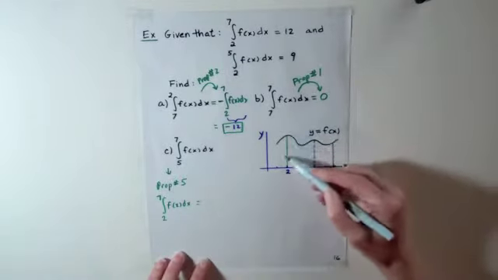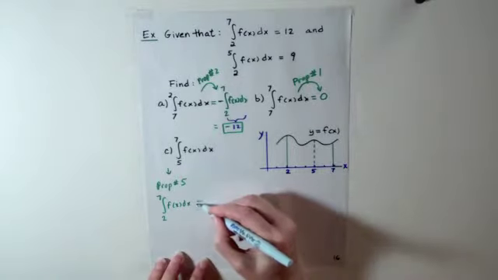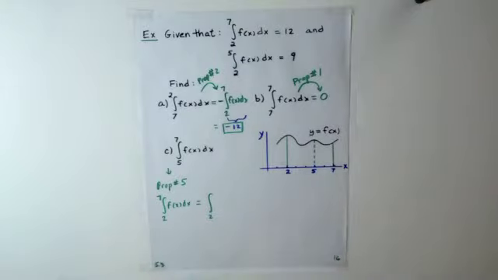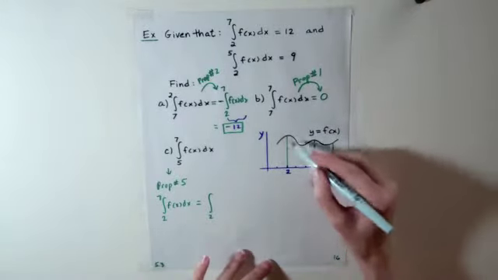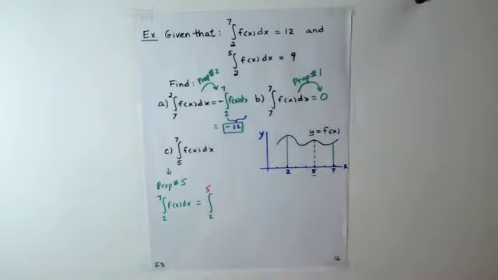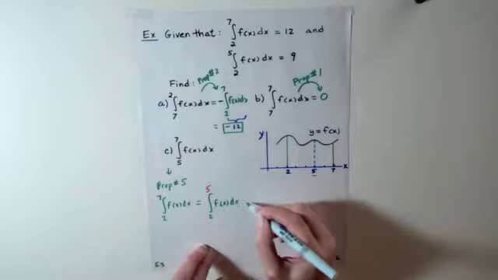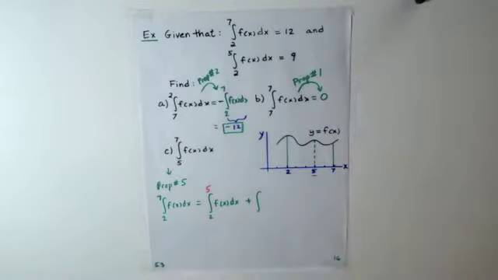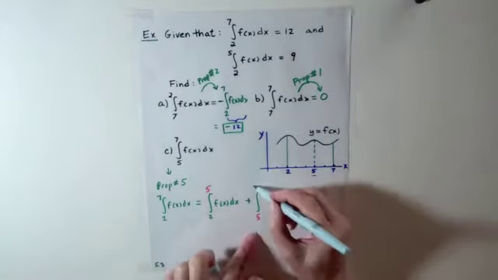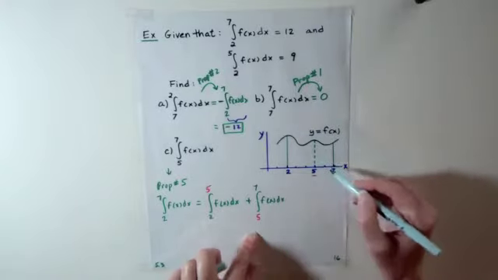which in my picture you would think of as this whole area under the curve from 2 to 7, should be equal to the integral from 2 to our intermediate point of 5, which would be this area under the curve from 2 to 5 of our function, plus the integral from that intermediate point of 5 up to 7 of our function, which would be this area over here.